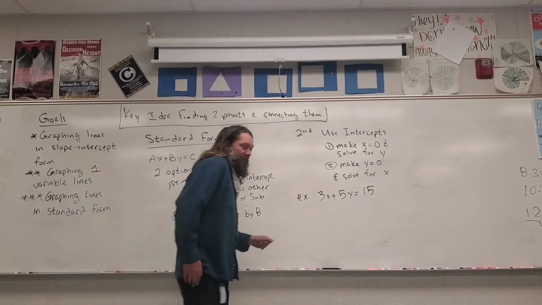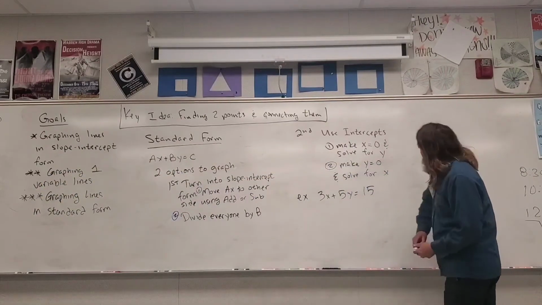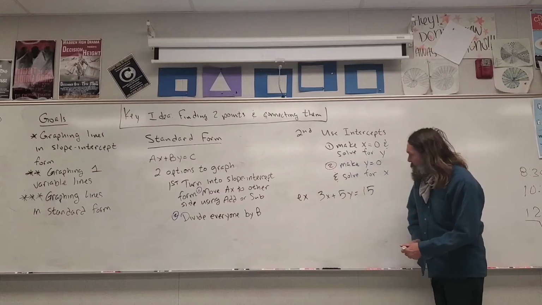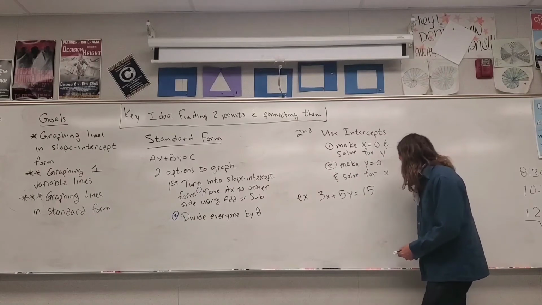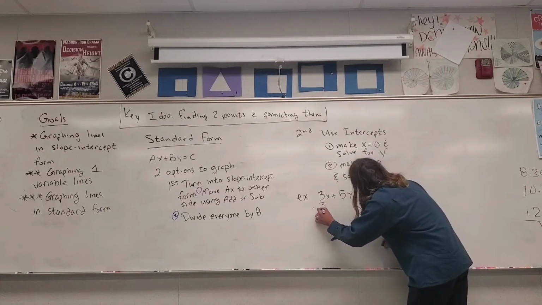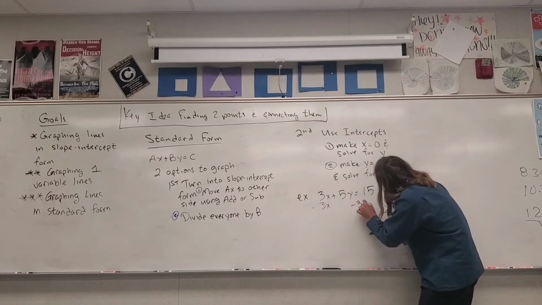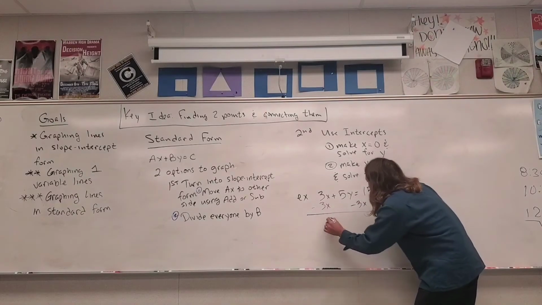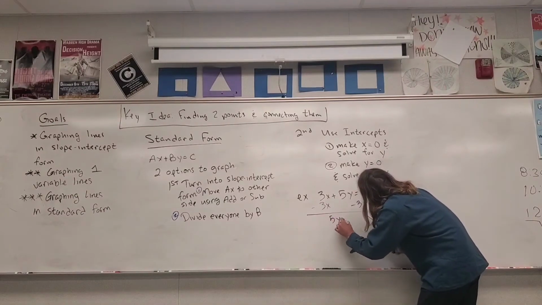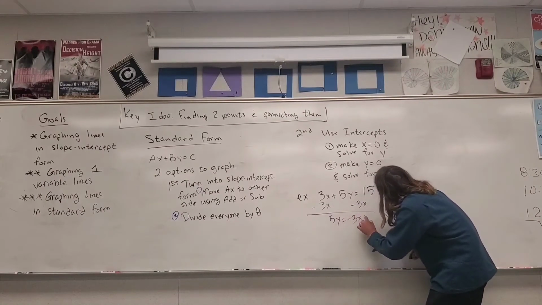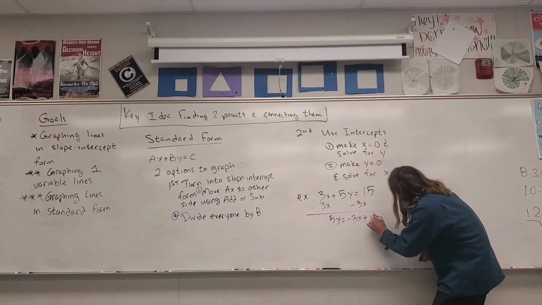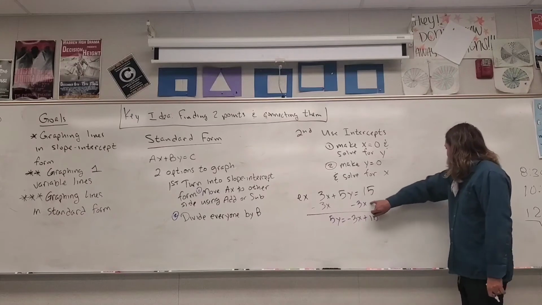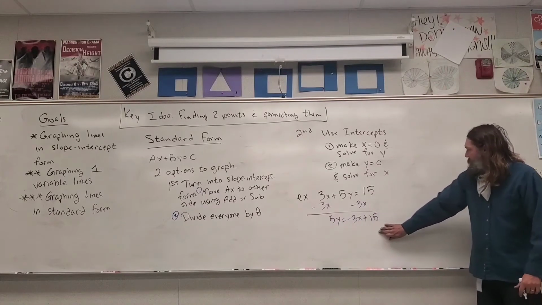So I'll do that real quick for this one. My ax number is 3x. I'm going to move it to the other side of the equal sign by subtraction because that's a plus 3x. So I have to use the opposite. And I now get 5y equals minus 3x. That's a positive 15, so it's plus 15. I can't put these together because they're not like terms, so they stay separate.